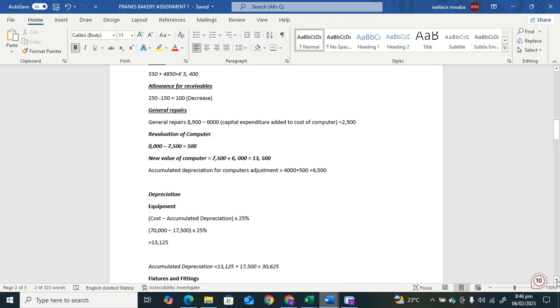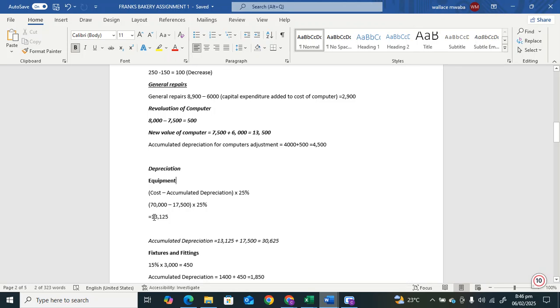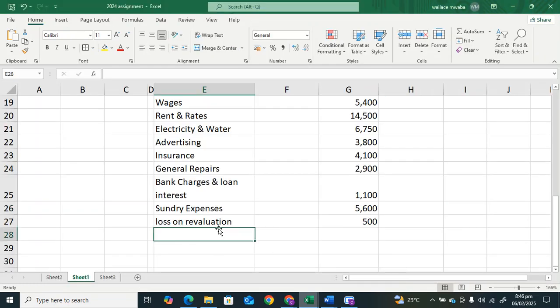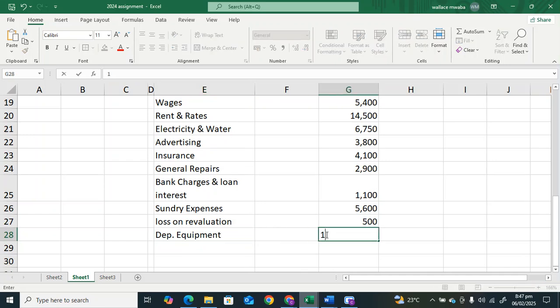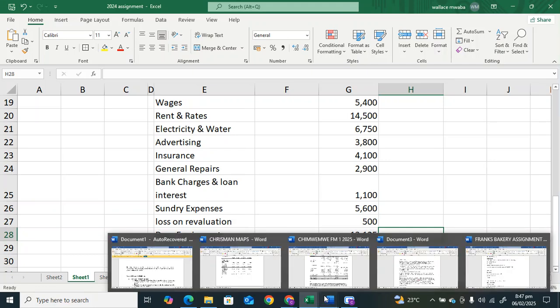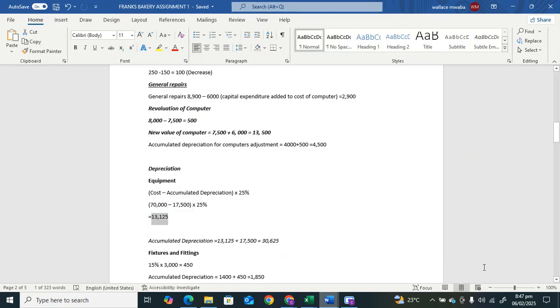We have depreciation for equipment 13,125.